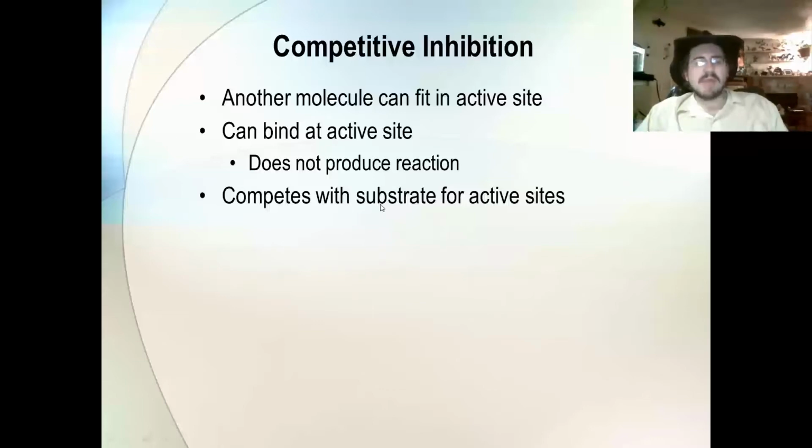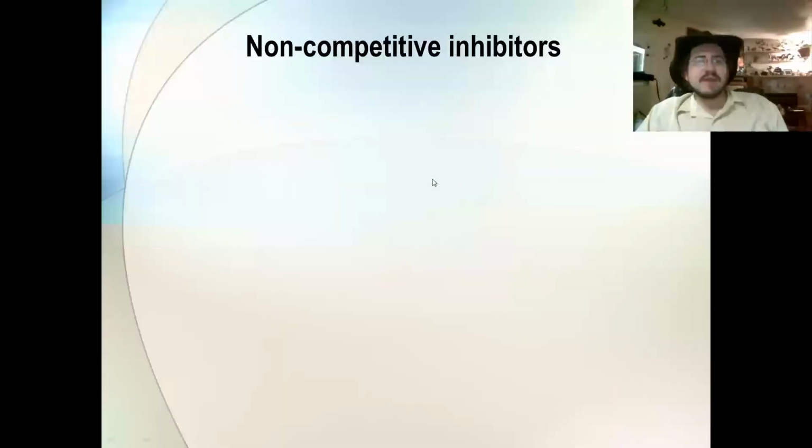And they won't bind to all the inhibitors at once. So what you'll be doing is slowing down catalysis of those reactions, because you'll be taking enzymes out of commission over time. So that's competitive inhibition.